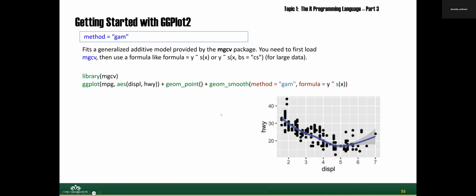The GAM function, like I said before, fits using splines, and we're not going to really talk much about the theory behind splines. But GAMs are used a lot in modeling in the real world, mainly because a spline is considered a perfect cubic polynomial.